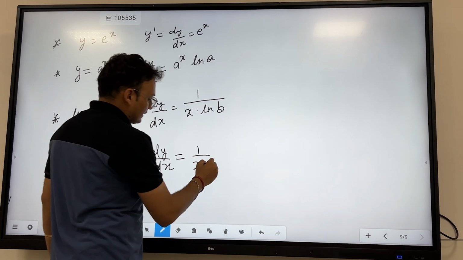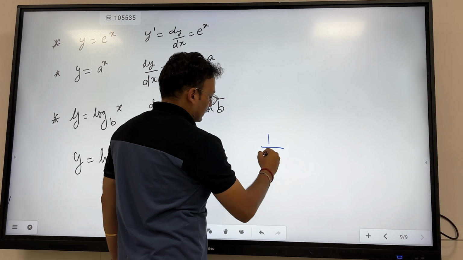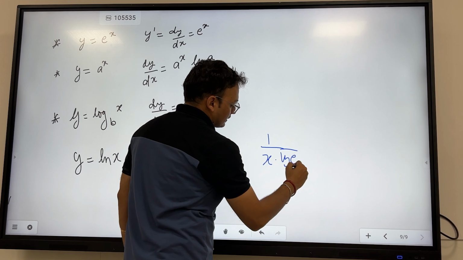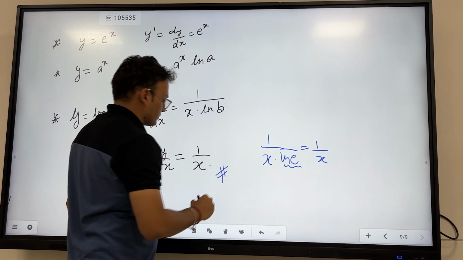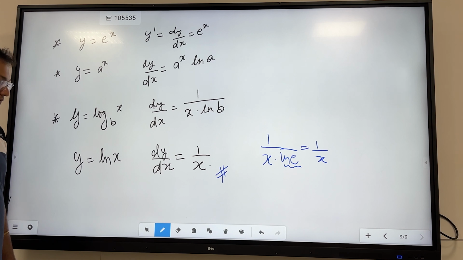See, I can write it as 1 over x times ln e, and ln e is nothing but 1. This value is 1, so I can write it as 1 over x, which is this part. Right? So is it clear to everyone?